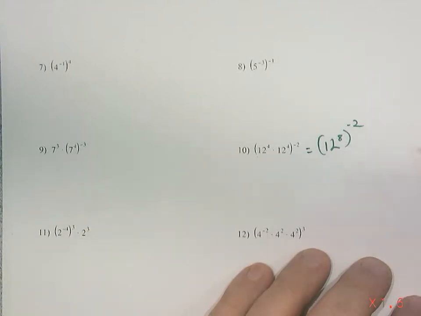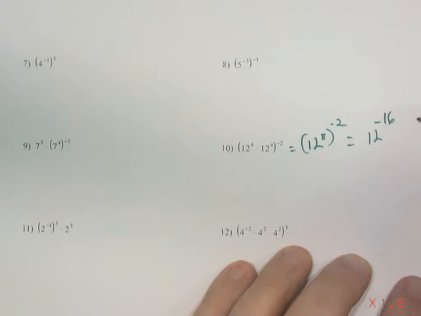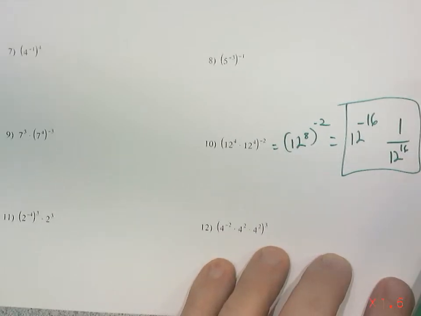Now we take the negative 2, multiply it by the 8, and we're going to get 12 to the negative 16th power. Now that's the negative exponent version. The positive, it's going to go downstairs, and it would just be written like that. Okay? 12 to the negative 16 becomes 1 over 12 to the 16.